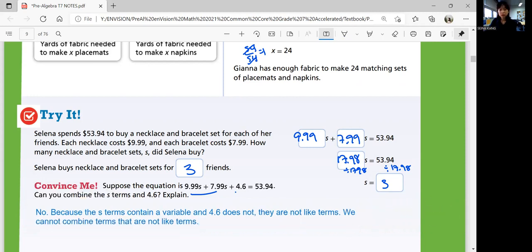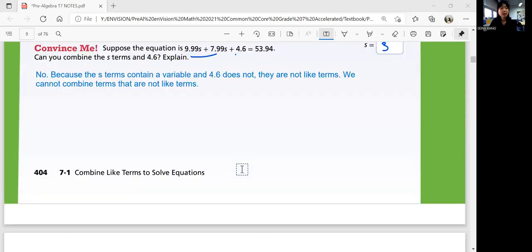Okay, so please keep that in mind. You can only add and subtract like terms to combine them. Okay, let's look at the next page.